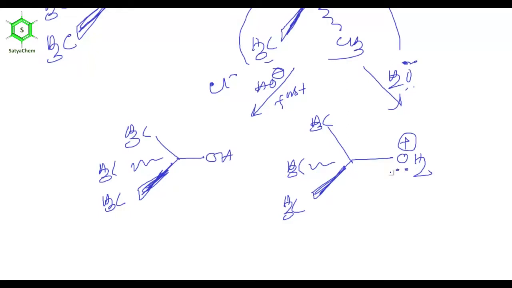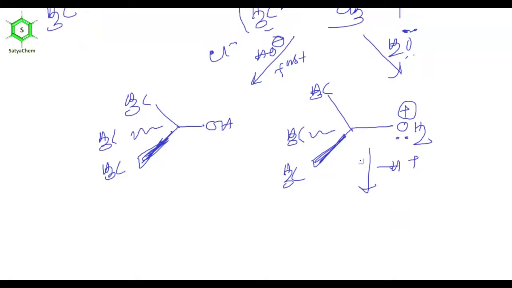That is why you need to put a positive charge on the oxygen atom. So now departure of one proton gives you this product. Clear? So final product is alcohol, tertiary butyl alcohol.